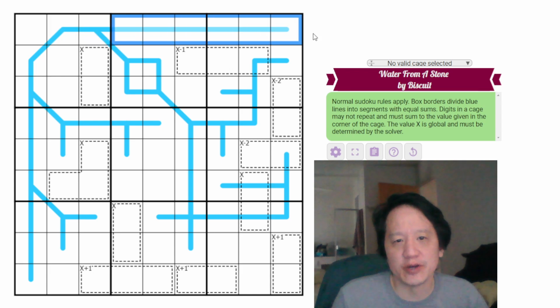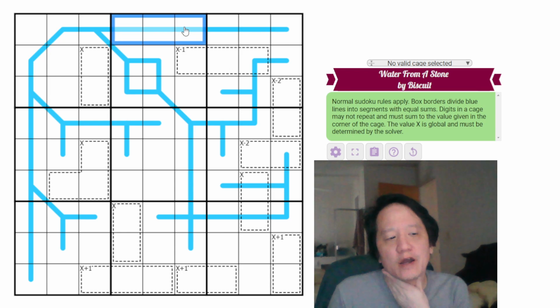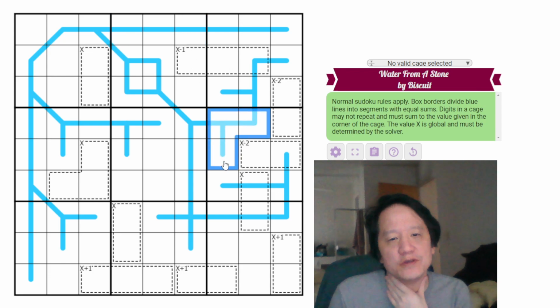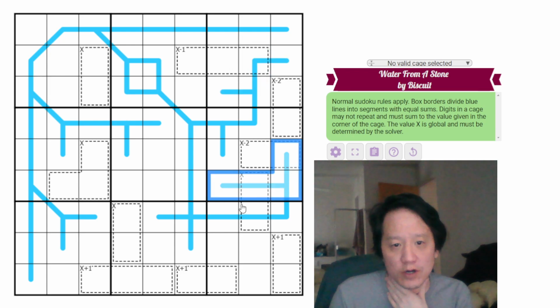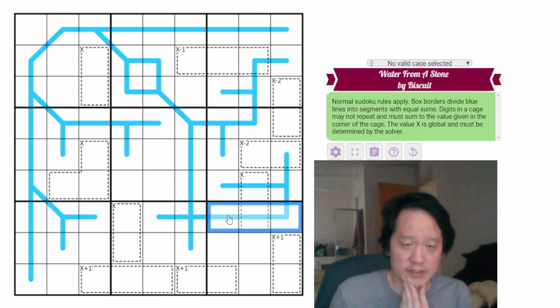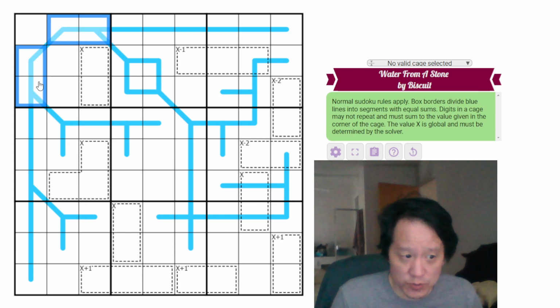Okay, let's take a step back. Each of these is equal to y, right? This is equal to y, this is equal to y, this is equal to y. This is equal to y. This also is equal to y.